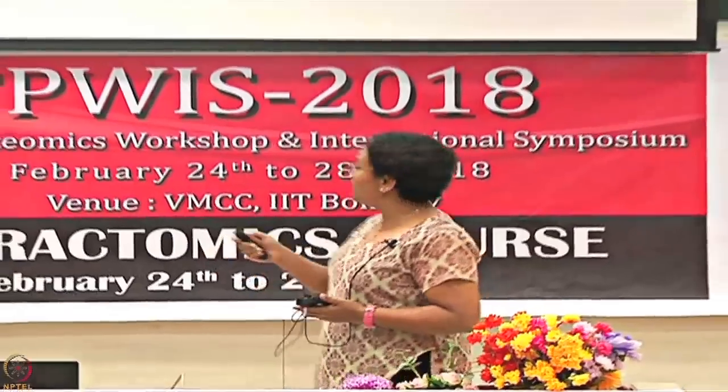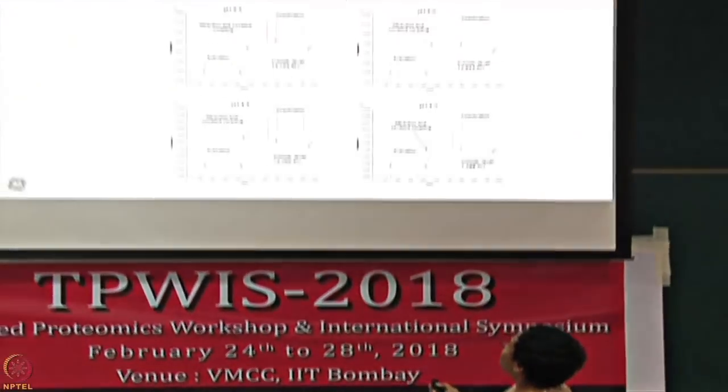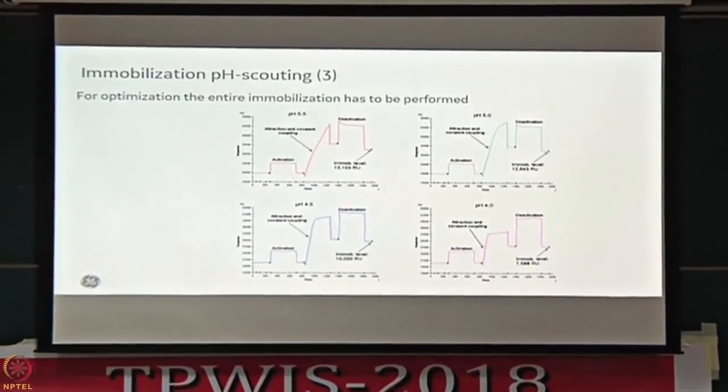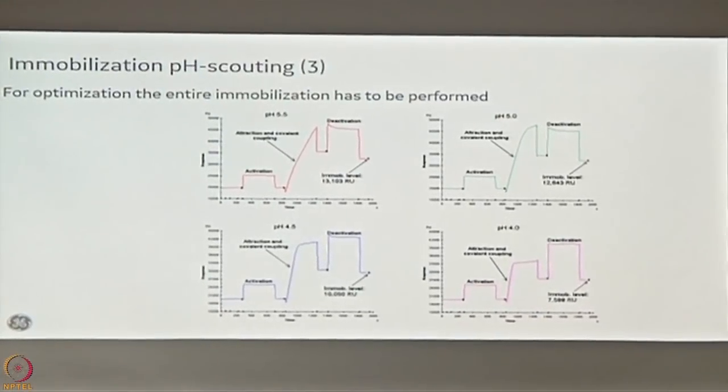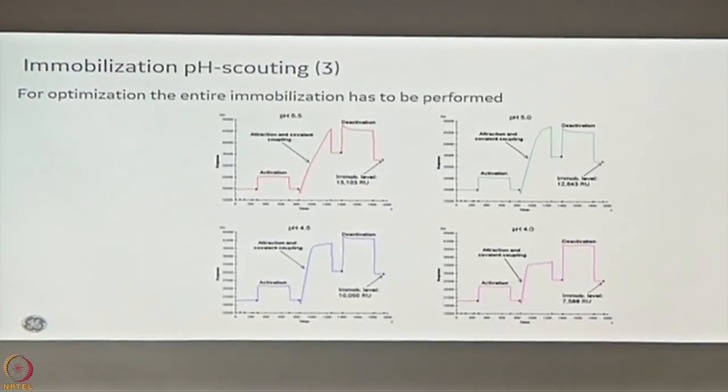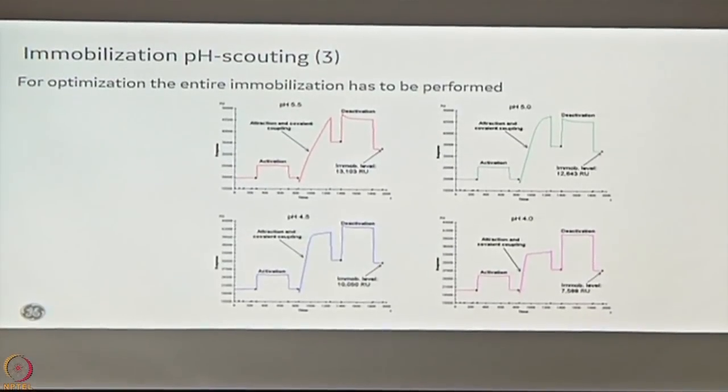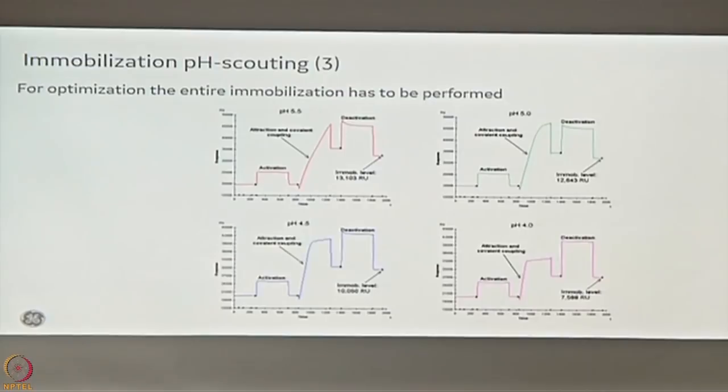Now, we actually did not get enough information from there. So we took the same thing and ran it through the whole immobilization process, right. And you see at pH 5.5, you get to around 13,000 RUs, and at pH 5 you get close or maybe similar, 13.5 and 12.6, very close to each other.